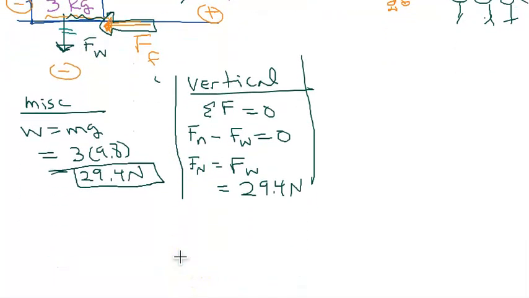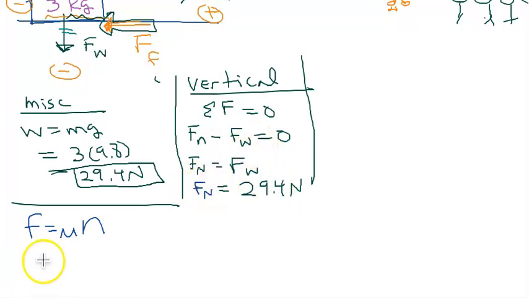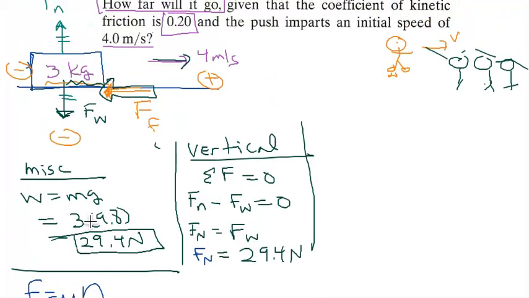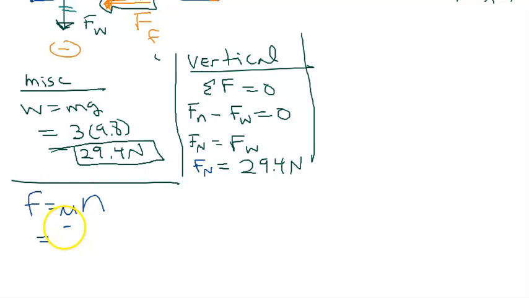Then I would suggest you also calculate friction in the miscellaneous, just because having the weight all ready to go makes your life easier. Having friction ready to go makes your life easier if they're not asking you to solve for mu. Mu is 0.2, and it doesn't have dimensions because normal's in newtons and friction needs to be in newtons.